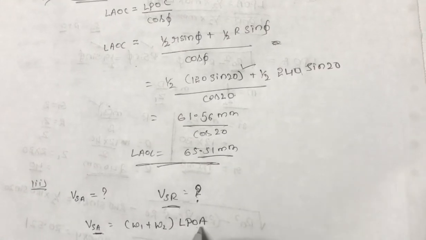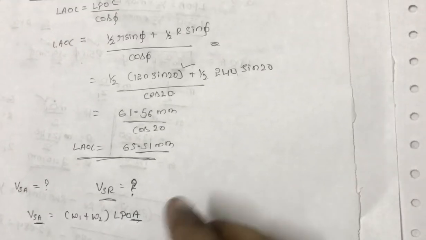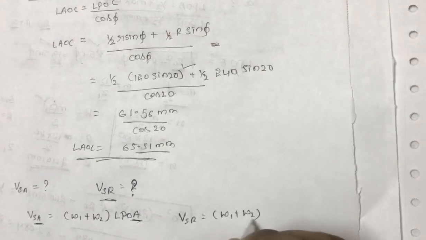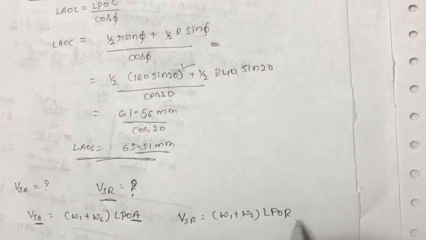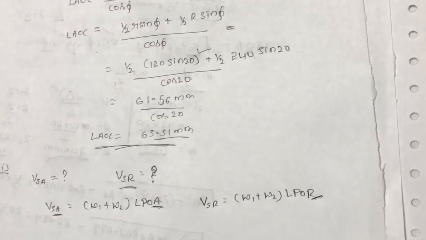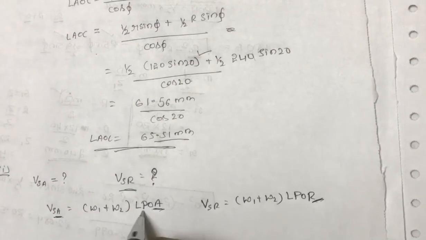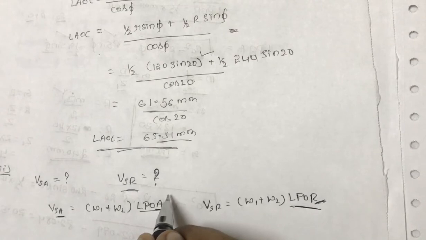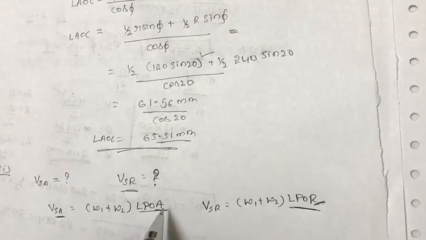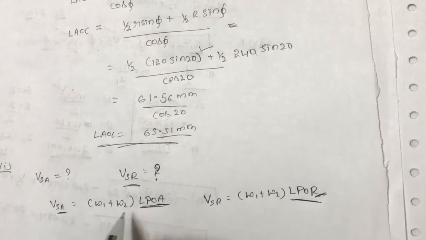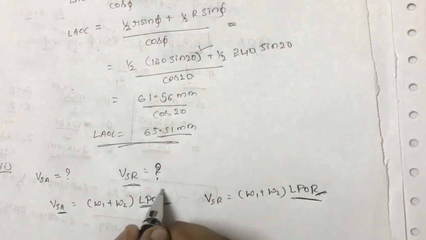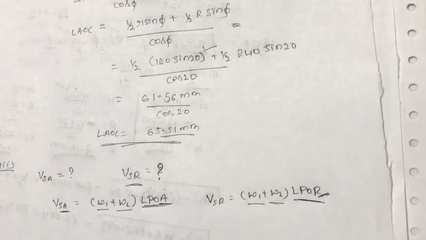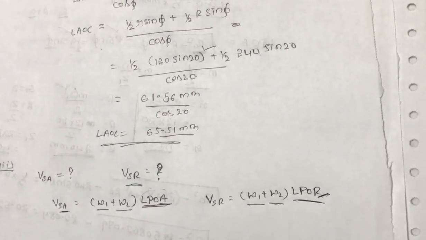For approach it is LPOA. For recess, VSR is equal to omega 1 plus omega 2 into LPOR. So we have LPOA as well as LPOR, and I need to substitute the maximum values to get the maximum velocity. We don't know the values of omega 1 and omega 2, correct? We'll find out.